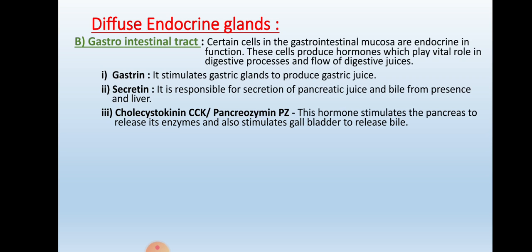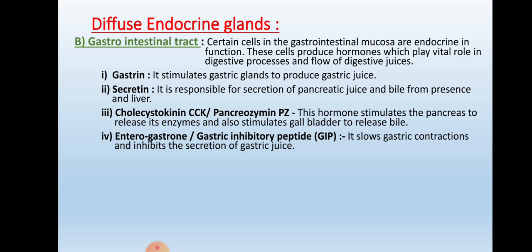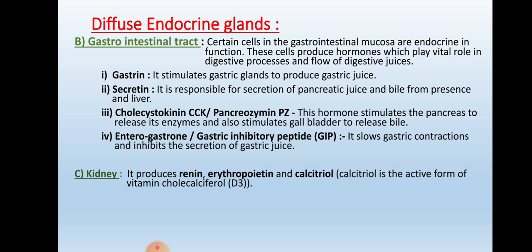Cholecystokinin, CCK, or pancreozymin, stimulates the pancreas to release enzymes and also stimulates the gallbladder to release bile. Enterogastrone or GIP, gastric inhibitory protein, slows gastric contractions and inhibits the secretion of gastric juice. This is how the secretions of the cells of the gastrointestinal tract are controlled by these four hormones: gastrin, secretin, cholecystokinin, enterogastrone or GIP.